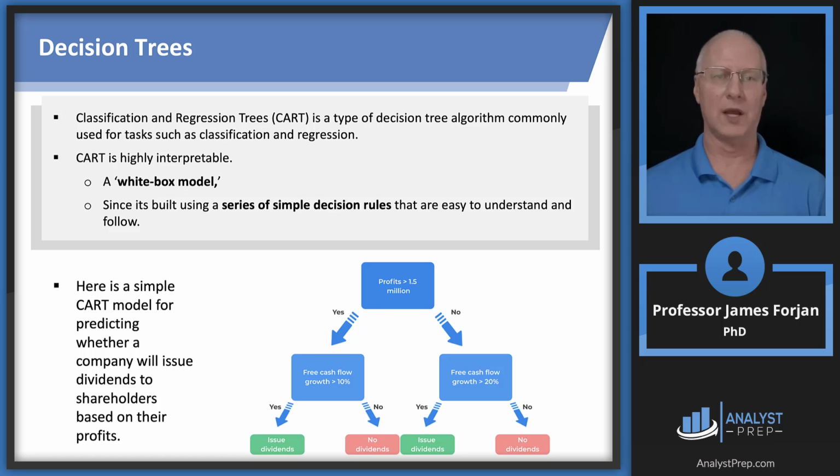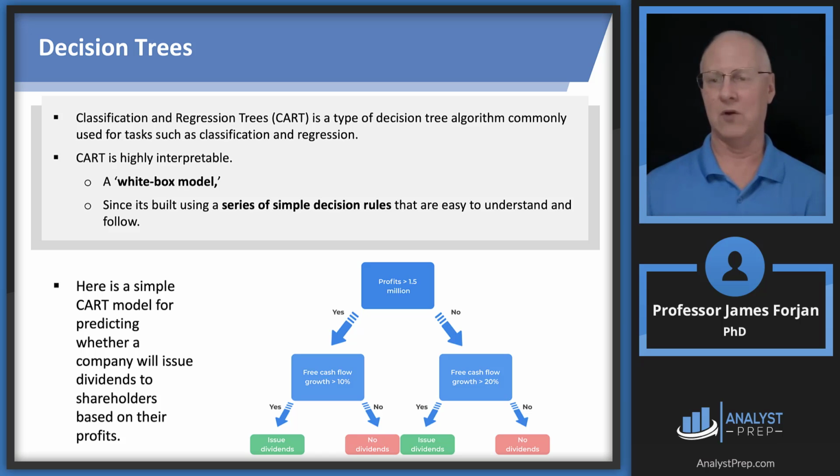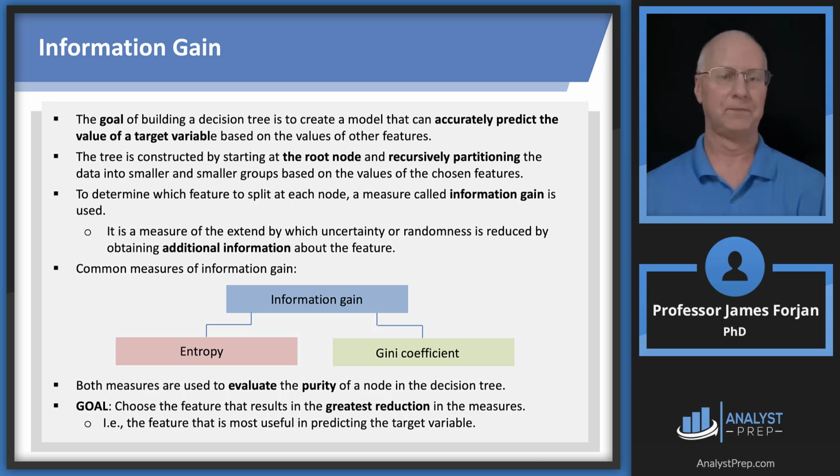Down at the bottom, we're trying to decide whether or not a firm is going to pay a dividend or not. So what are some features? Profitability and free cash flow. Those are just 2 of them. What did I say just earlier? I listed maybe 4 or 5 of them pretty quickly. So this is a relatively simple example. And imagine throwing those extra features into this model. Well, you can get a relatively complex tree.